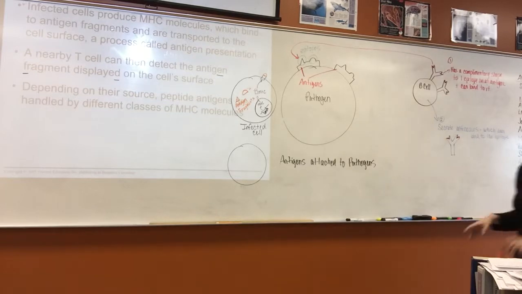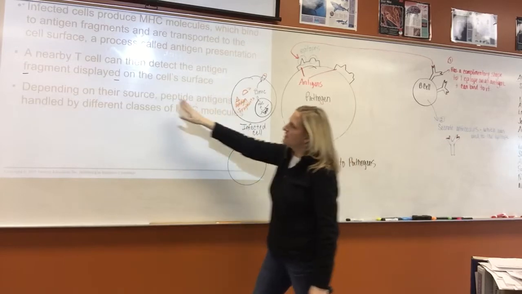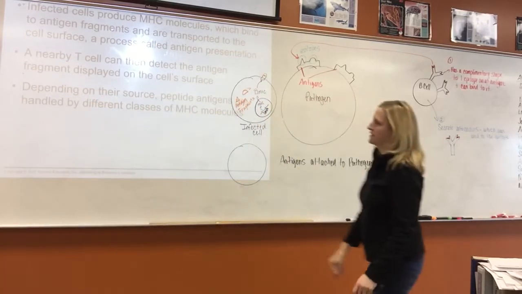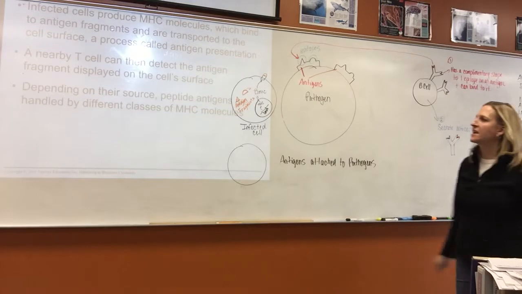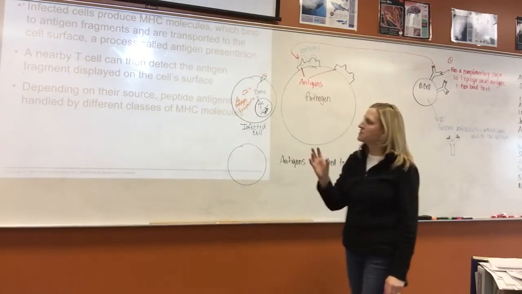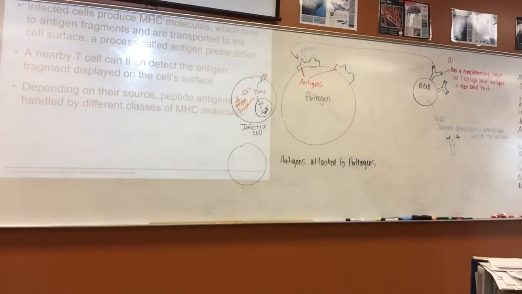So what happens then is that the T cells can detect that antigen fragment displayed on the cell surface. Now it says depending on their source, these antigens are handled by different classes of MHC molecules. We're going to talk about two classes, class 1 and class 2.